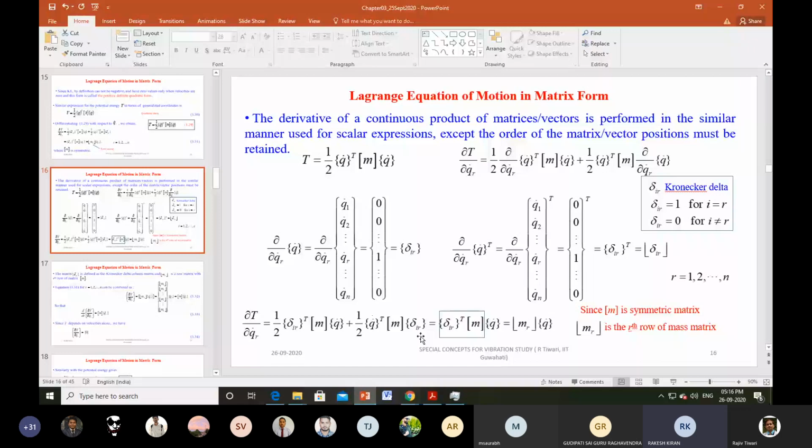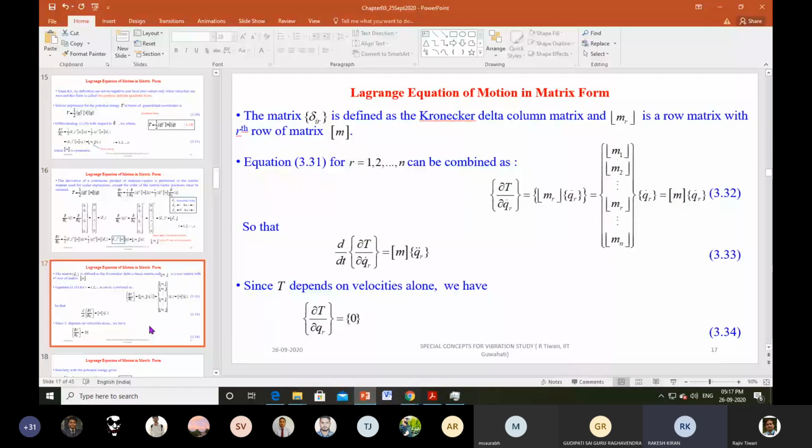Swapping is there between them, but the quantities remain the same, the right side of the mass matrix and the left side of the mass matrix. So unless the mass matrix is symmetric, this will not be true.